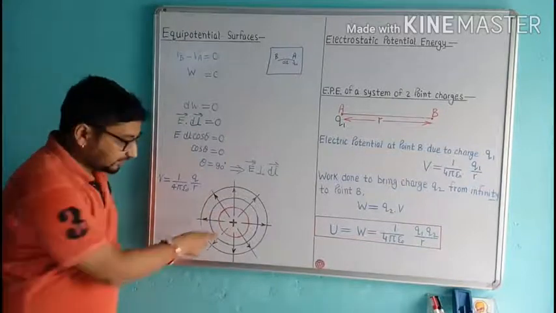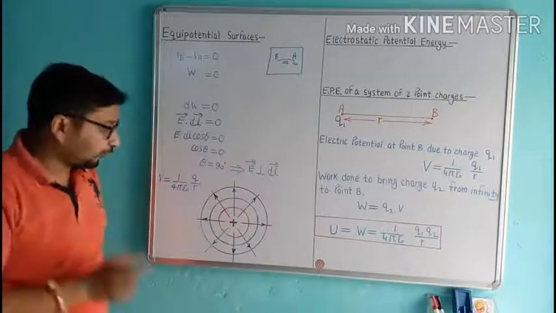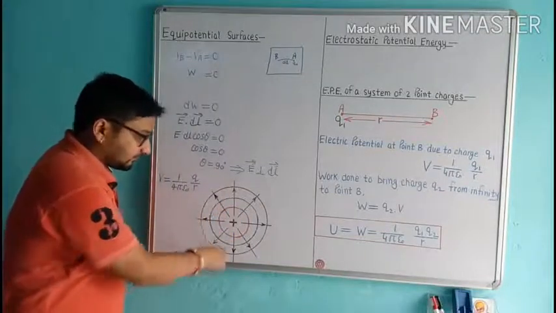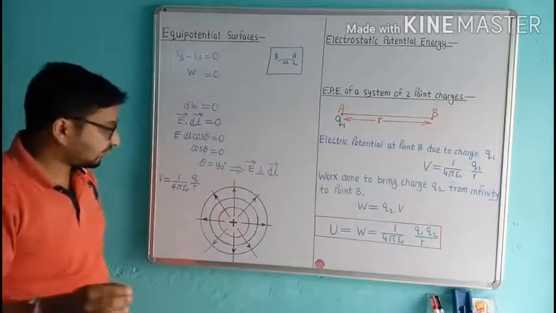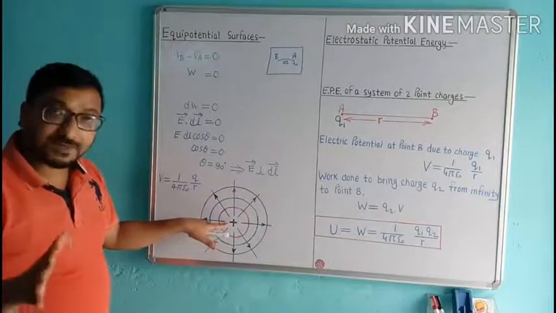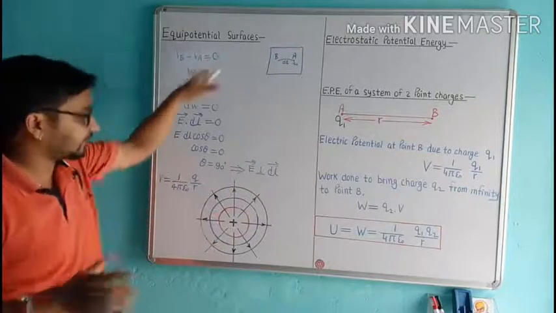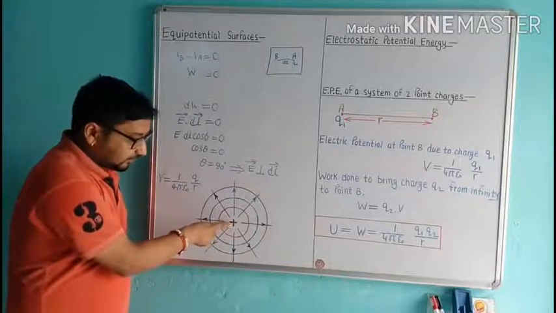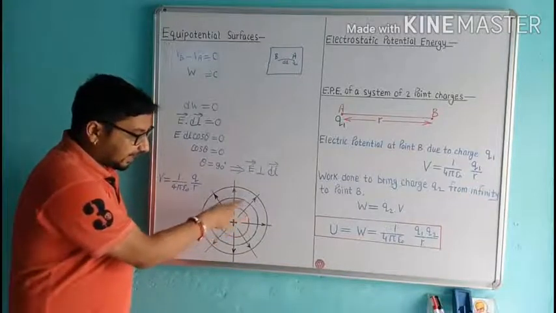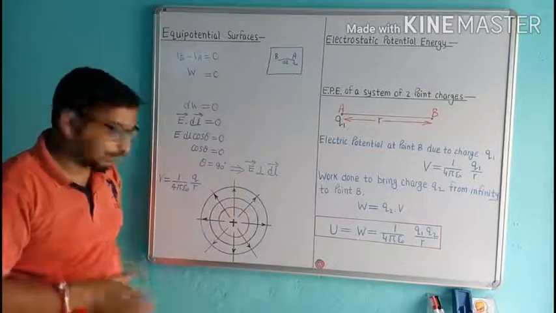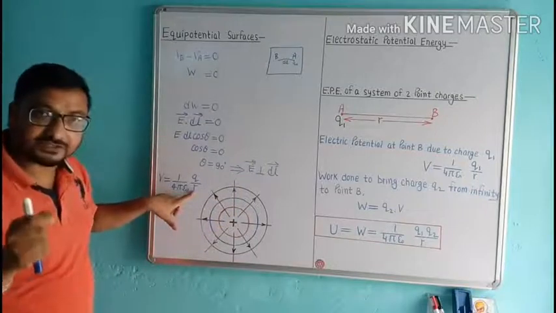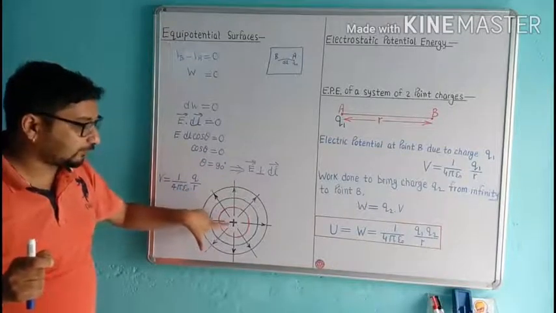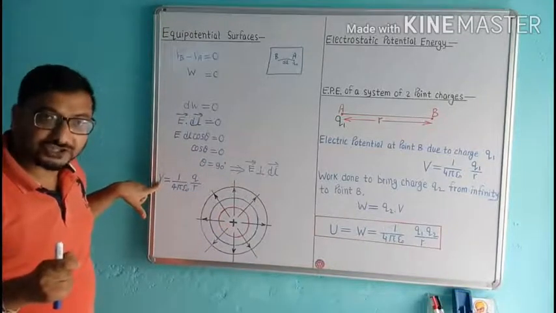Due to a single point charge, the equipotential surfaces will be concentric spherical surfaces, because if R remains constant, those points which are equidistant from the point charge have the same potential.